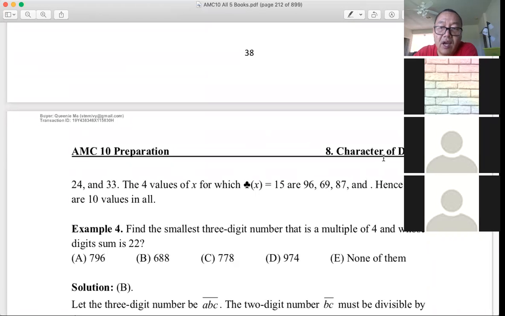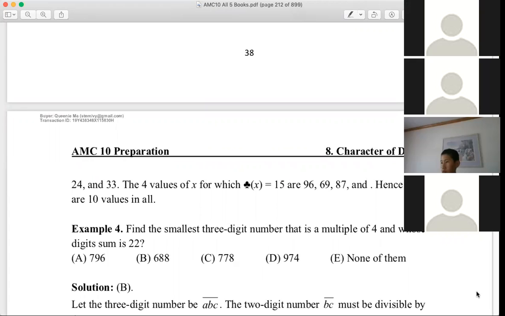Okay, so now let's see example 4. Jason, can you help me read this problem? Find the smallest 3-digit number that is a multiple of 4 and whose digit sum is 22.